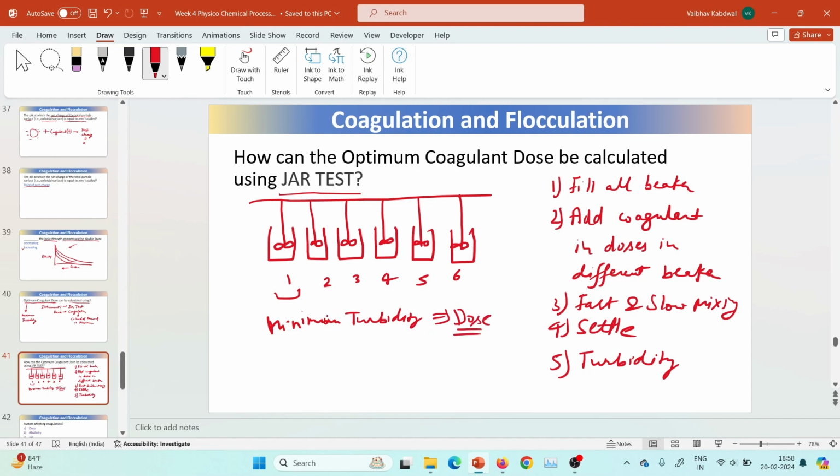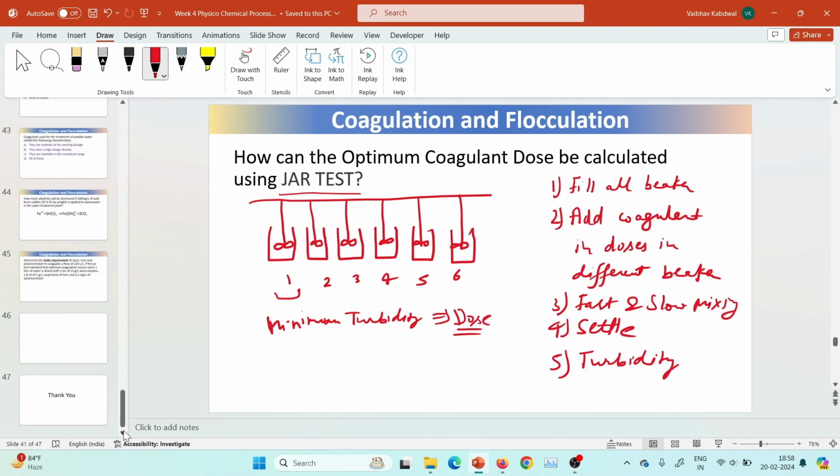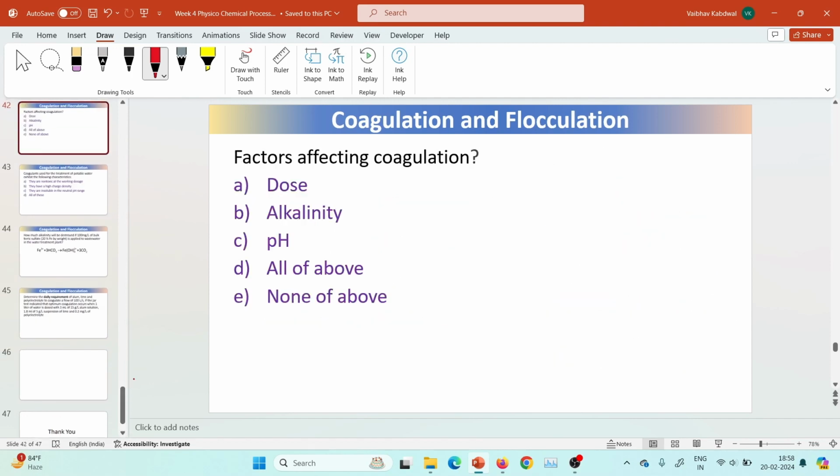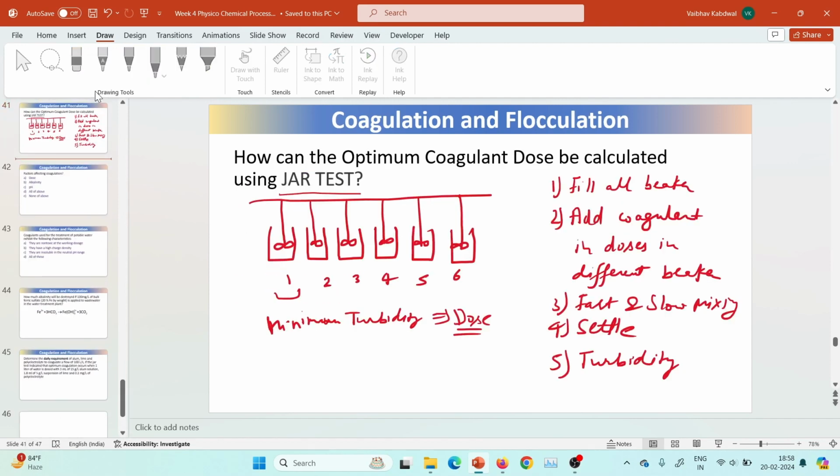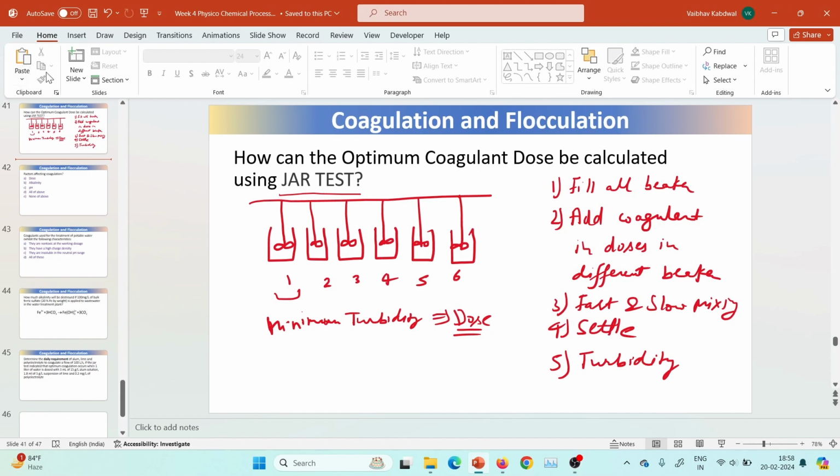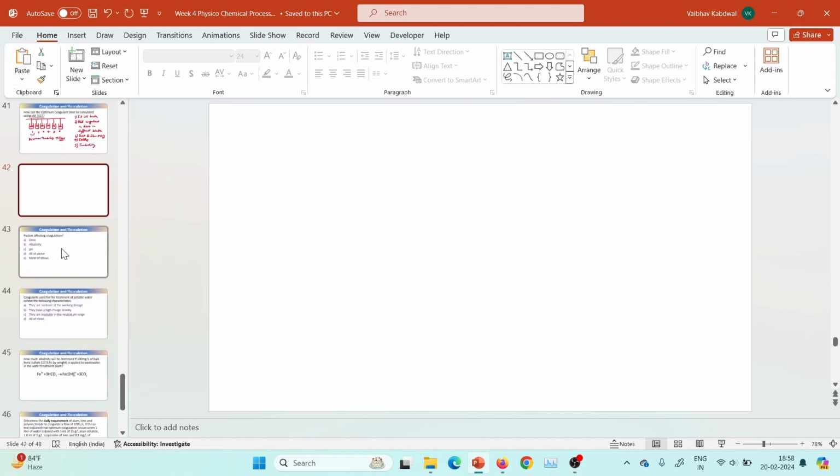One more thing we can do at the site or in the plant, when we have to perform it in actual, is optimize pH also.